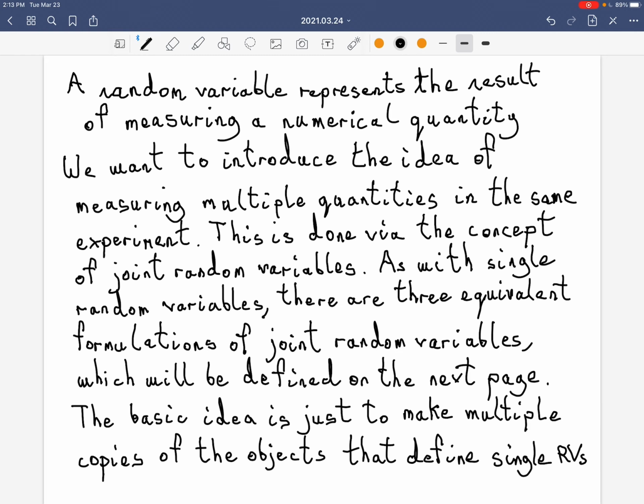So, joint random variables, hopefully the name is suggestive.